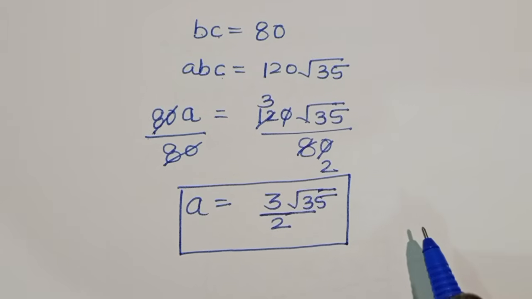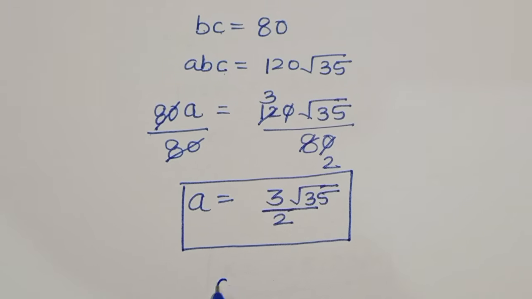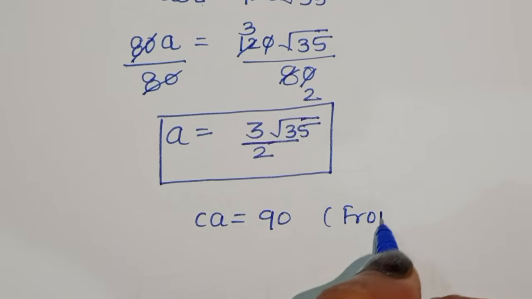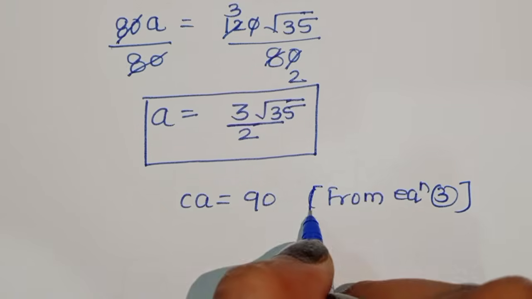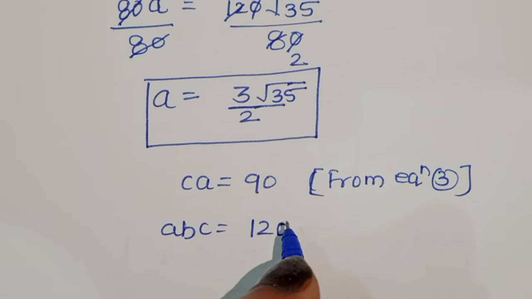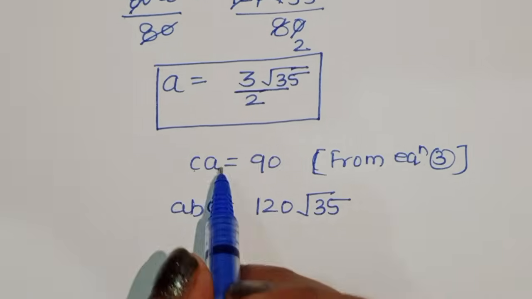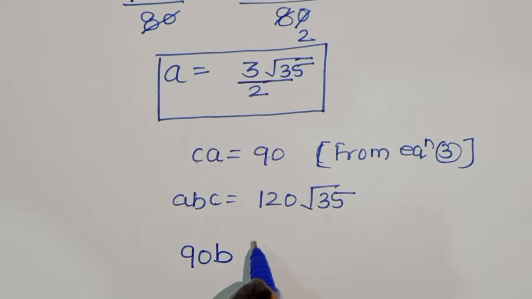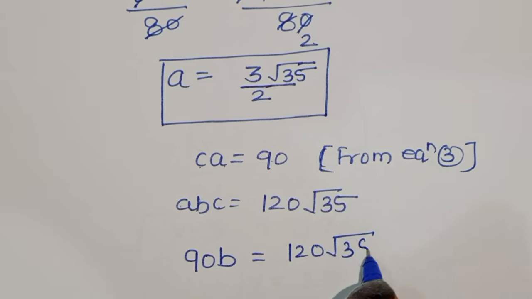Now we have to find out the value of B. So we can say the last equation, that is CA, CA is equal to 90 from equation 3, and ABC is equal to 120 square root of 35. Now here the value of CA is 90, so we can write 90B. 90B is equal to 120 square root of 35.